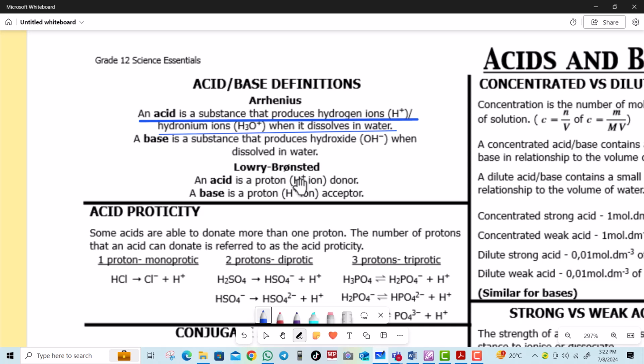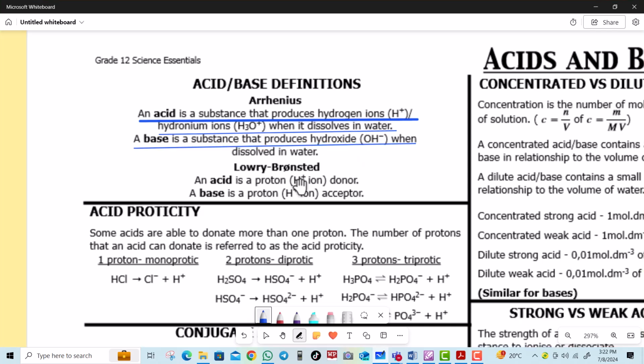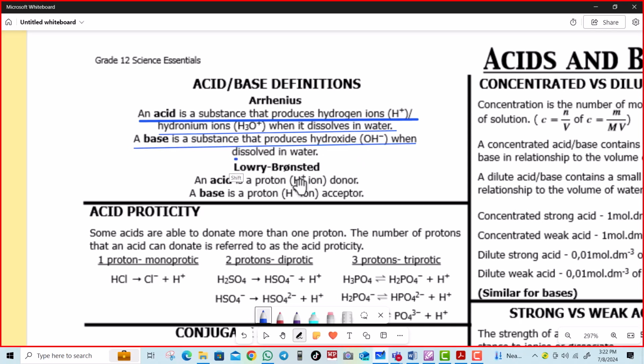However, he said that a base is a substance that produces hydroxyl ions when dissolved in water. So according to Arrhenius, a base is a substance that produces hydroxide or OH ions when dissolved in water. Are we together?